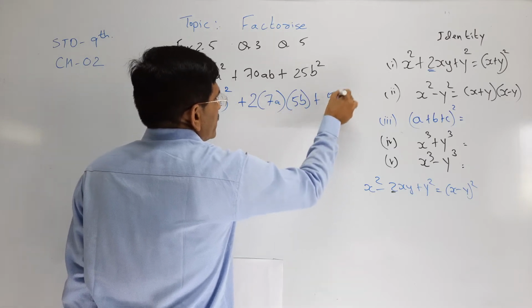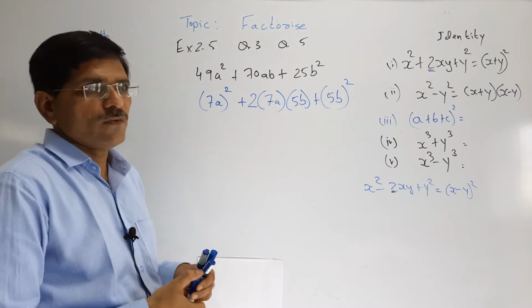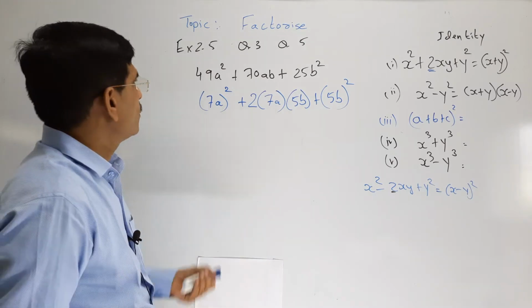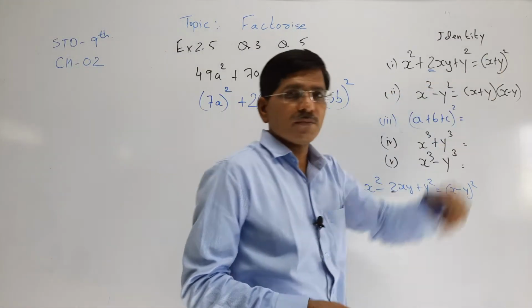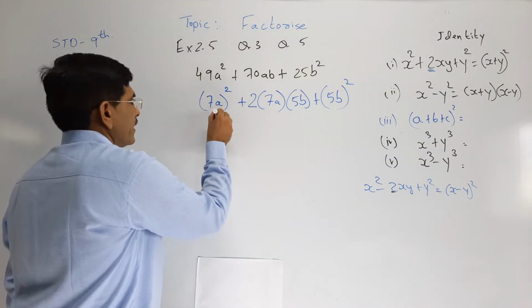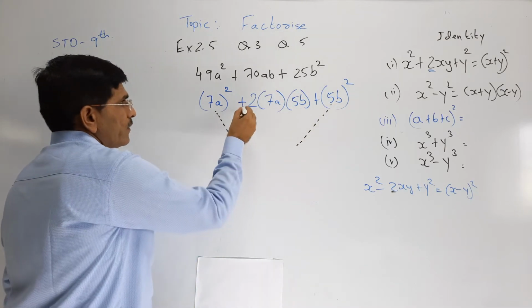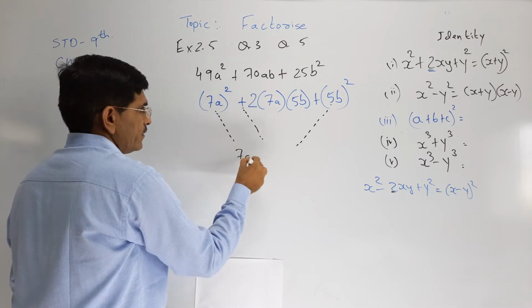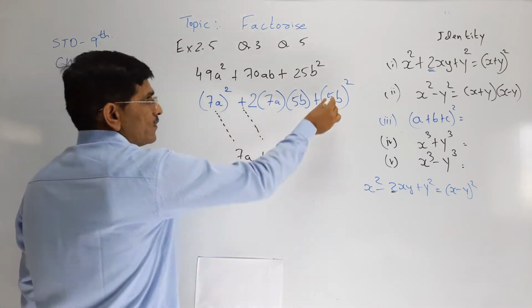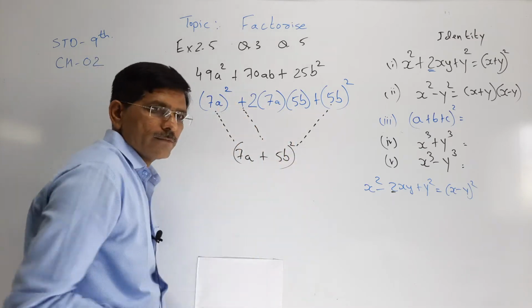Because it is 5b square, and 25 is the square of 5. The answer must be two terms, so I take 7a, the plus sign, and 5b, whole square.